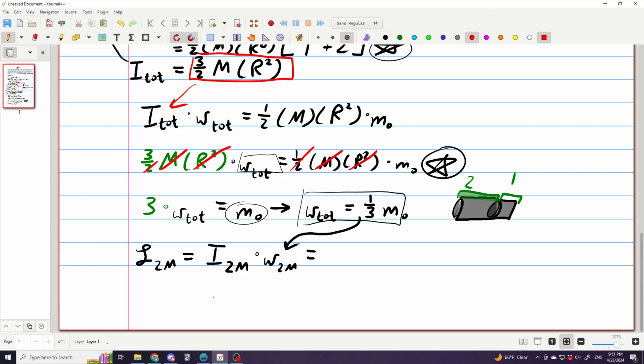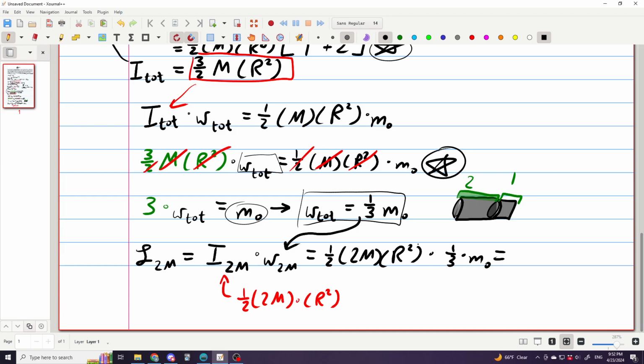Again, we have a cylinder. So this is going to be 1/2 times the mass of that disk, or that cylinder, times the radius squared. And so this is going to be equal to 1/2 times 2m times the radius squared times 1/3 times the initial angular velocity. Let's do some more algebraic simplification. This is another step that we're just going to push through for the sake of time. 1/2 and 2, those cancel out.